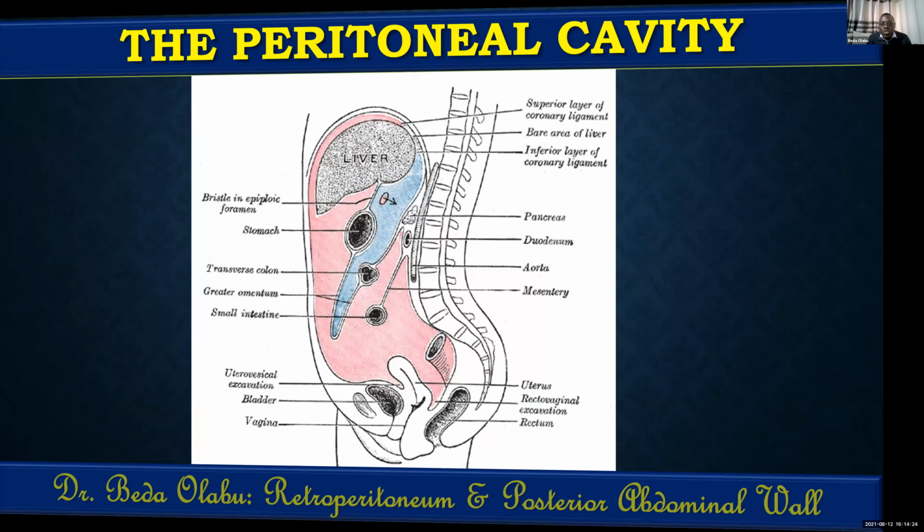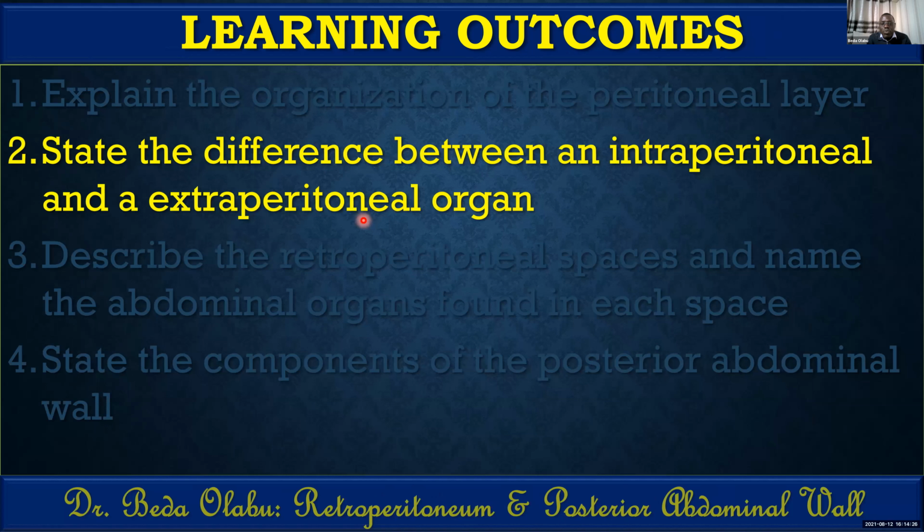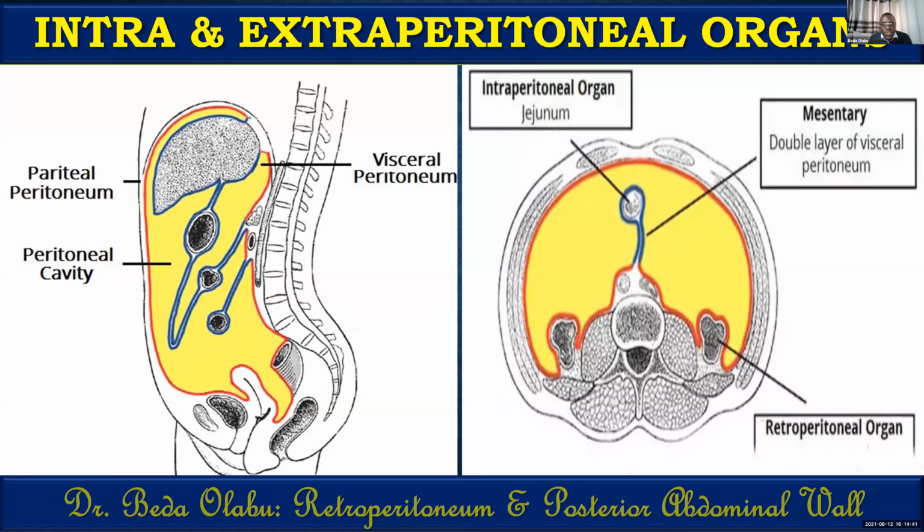Having talked about what peritoneum is and what peritoneal cavity is, now let's make a distinction between an intraperitoneal organ and an extraperitoneal organ. I've told you that the peritoneum lines organs. The parietal peritoneum will line organs which are applied to the wall of the abdomen.